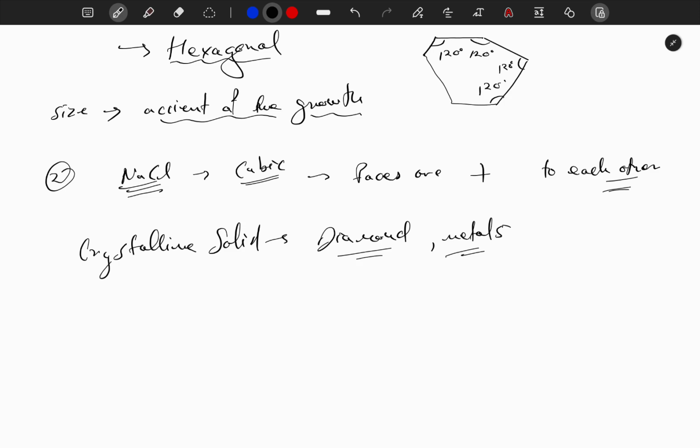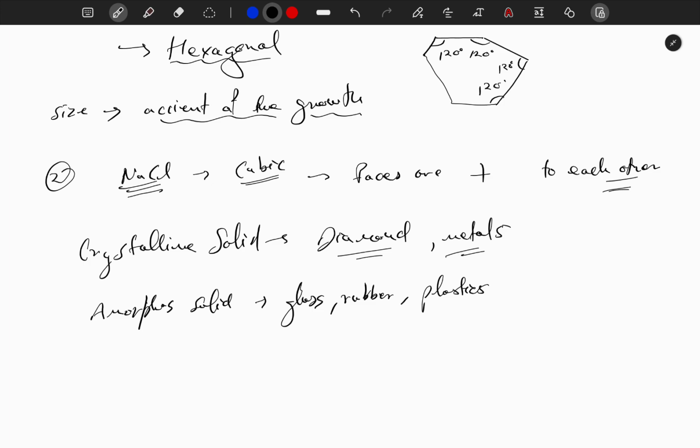And amorphous solids: glass, rubber, these are examples of amorphous solids. And certain plastics are amorphous solids.